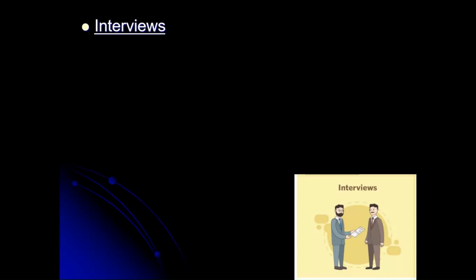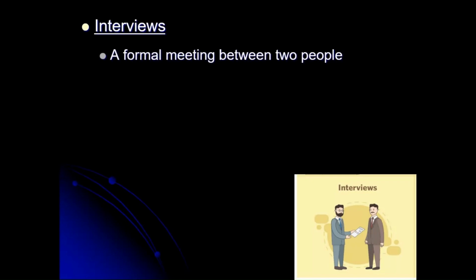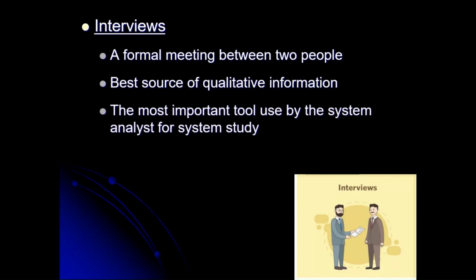Data that is being originally collected by the researcher or the analyst for his or her own study. This data is not collected by somebody else, but you are going to collect your own data for your analysis. So interview is a formal meeting between two people, and it is the best source of qualitative information.